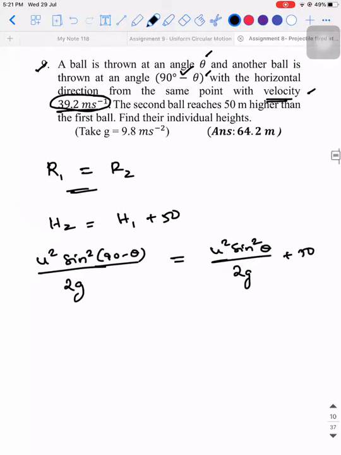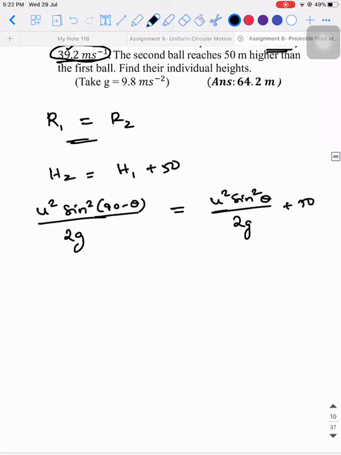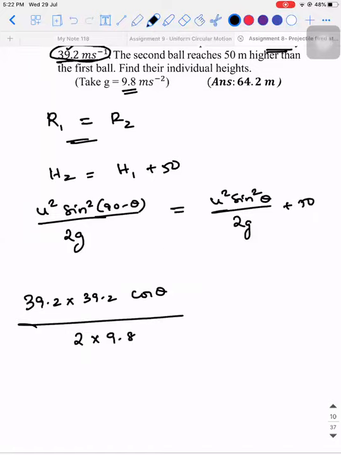So all the values are given. See, since u is given as 39.2, 39.2 is a multiple of 9.8. So take the value of g as 9.8. Though mentioned, even if it is not mentioned, you should be able to think this point. So it is 39.2 into 39.2 into cos square theta divided by 2 into 9.8 is equal to 39.2 into 39.2 into sine square theta divided by 2 into 9.8 plus 50.